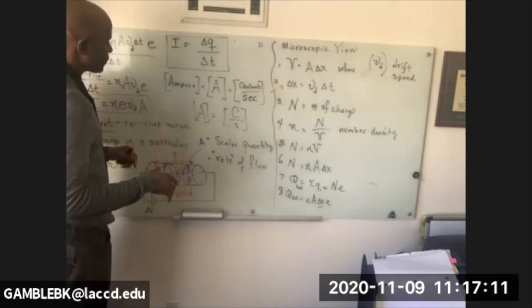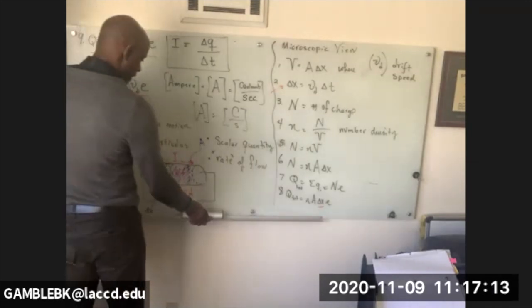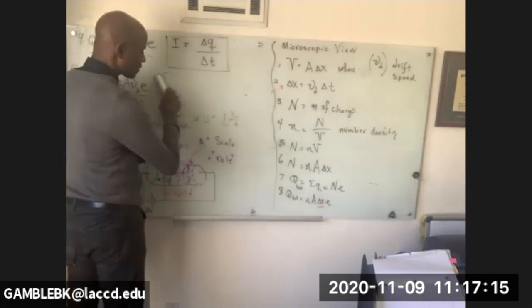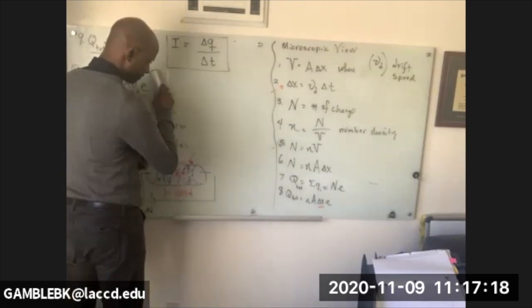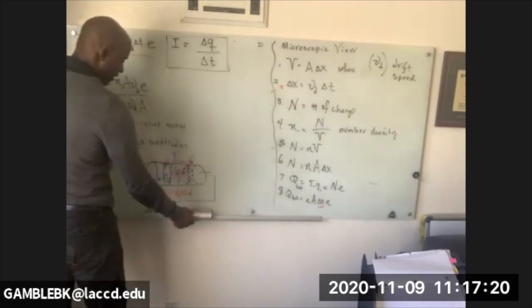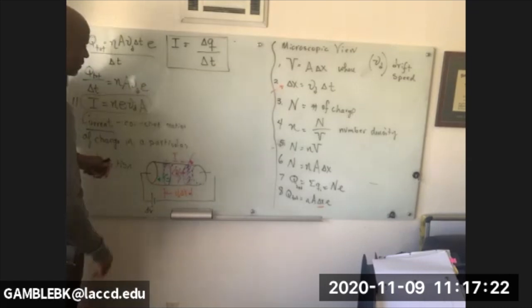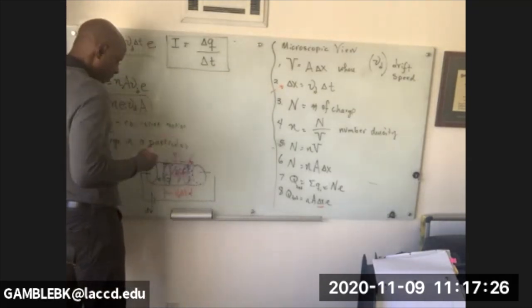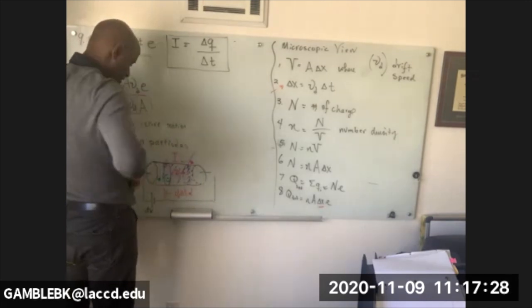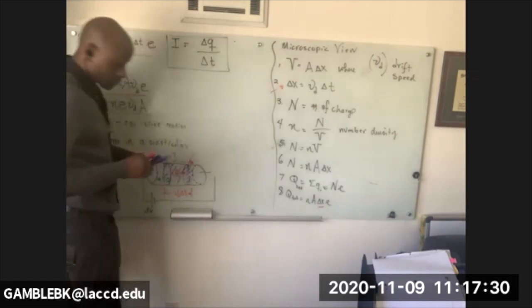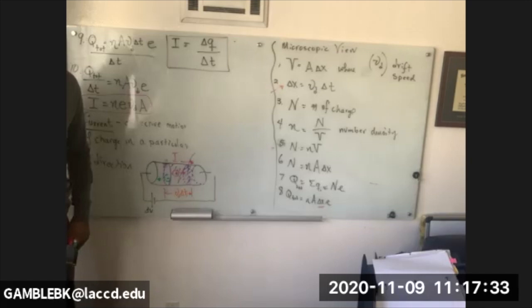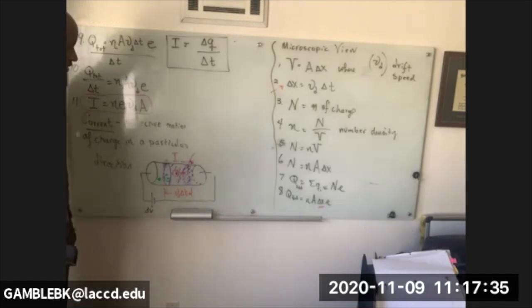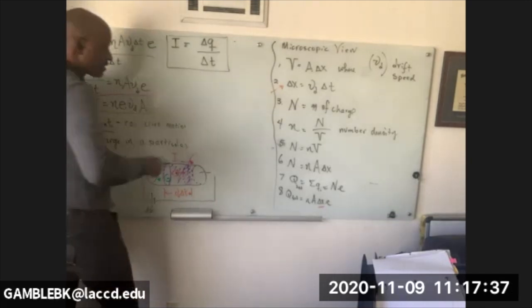I generally use the small i whenever I am talking about current that is changing, dependent upon time. When I'm talking about a constant current, I usually do capital I, and then small i of t whenever it's a changing current.